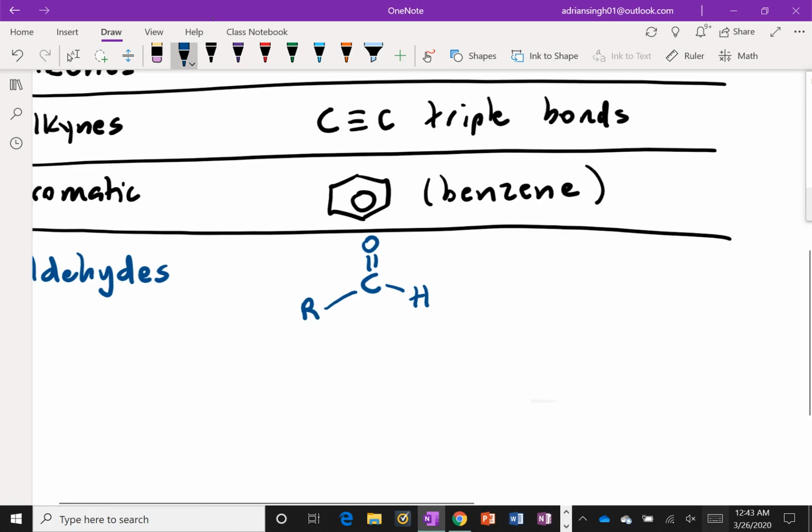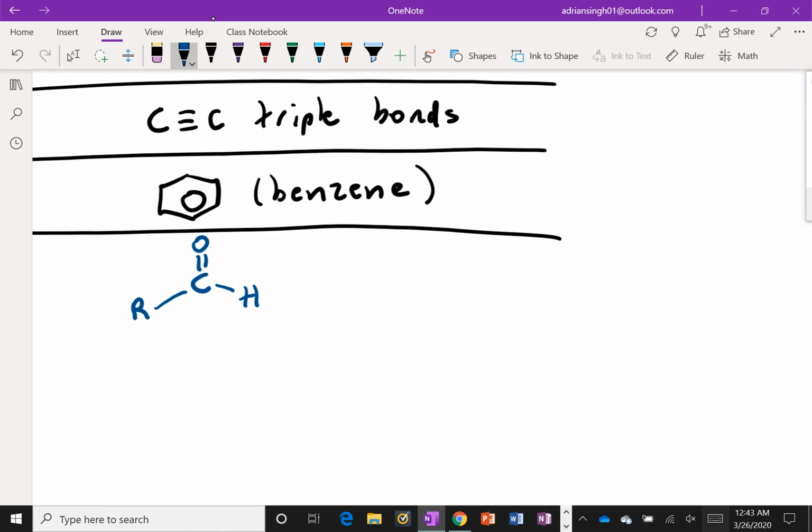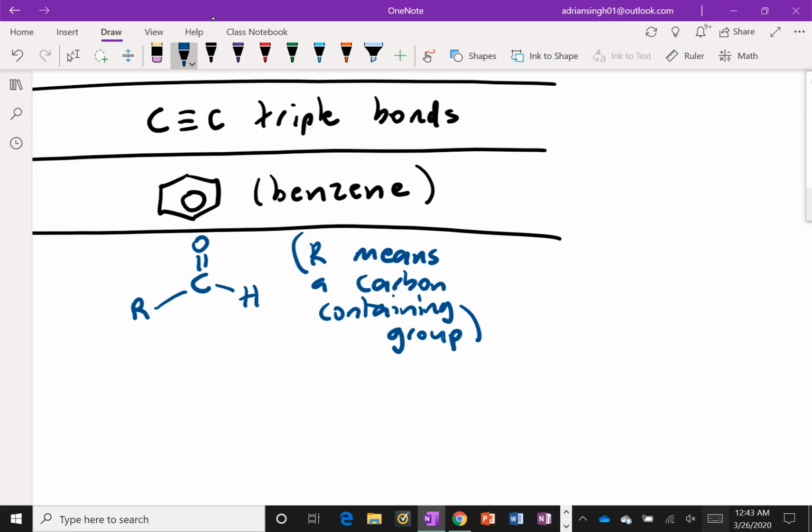And whenever you see R in organic chemistry, R just means a carbon containing group, right? It can be a single carbon, it can be 5 carbons, it can be 50 carbons, it can be whatever.